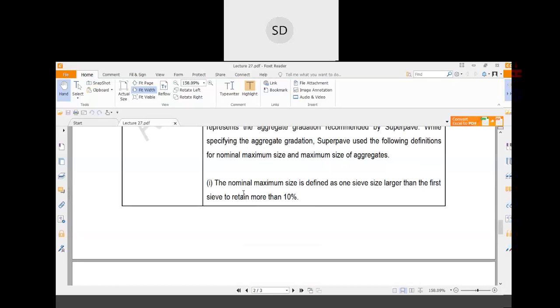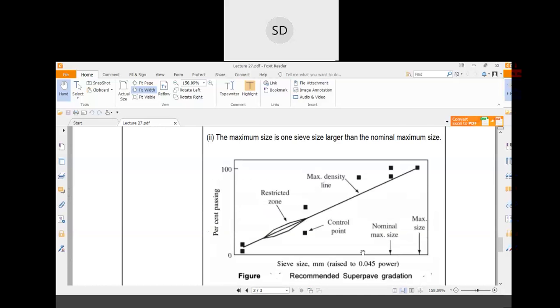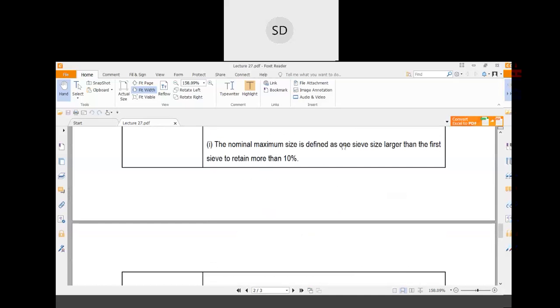So the nominal maximum size is defined as one sieve size larger than the first sieve to retain more than 10%. The nominal maximum size of any sieve assembly is defined as one sieve size larger than the first sieve to retain more than 10%. Suppose you are using sieves of 6 mm, then 10 mm, then 12.5 mm, then 16 mm, like that.